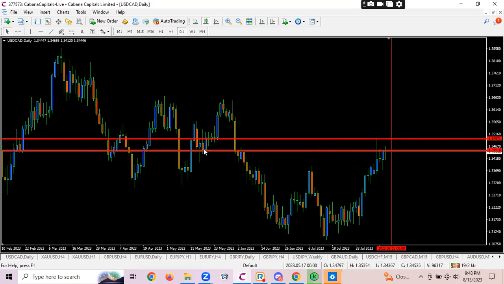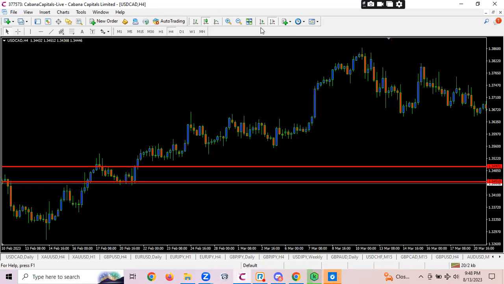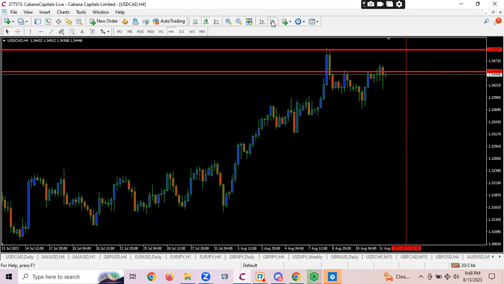At this level, it was a support, which became a resistance. And I'm sure that is the reason for the rejection at this level. So I'm looking for sell opportunity on USD CAD.